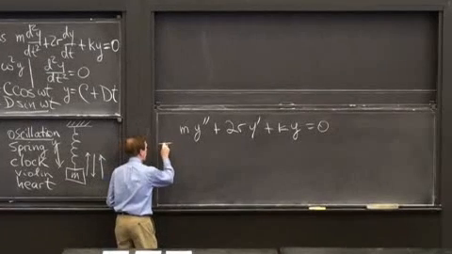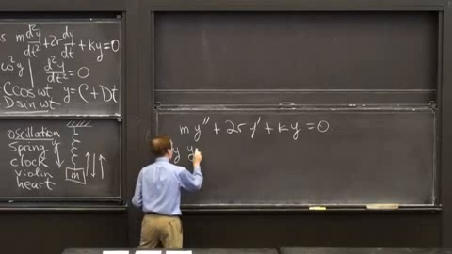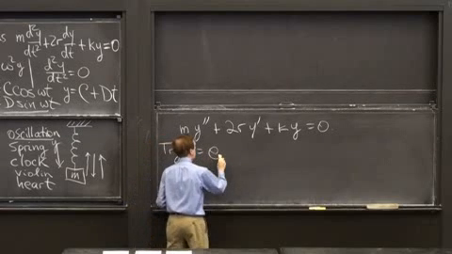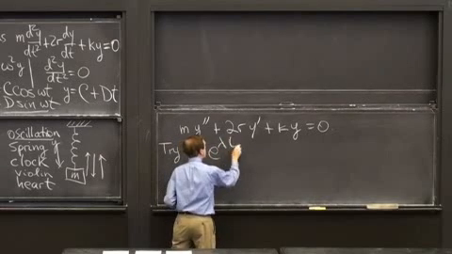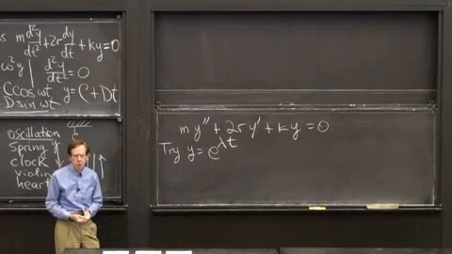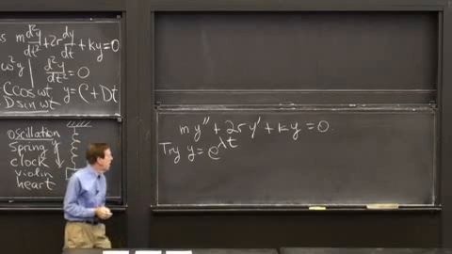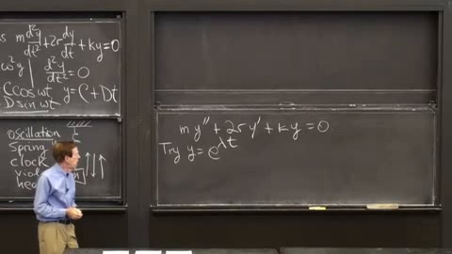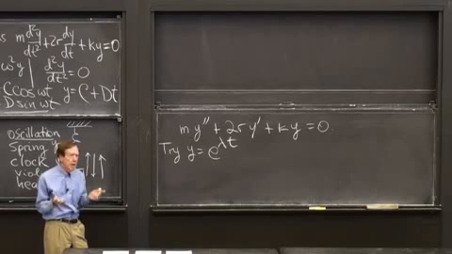Because the key idea is to try y equals e to the something times t. Let me call that something lambda. You might have preferred c; I'm happy with c or any other number there. I'll call it lambda just because it gives it a little Greek importance.